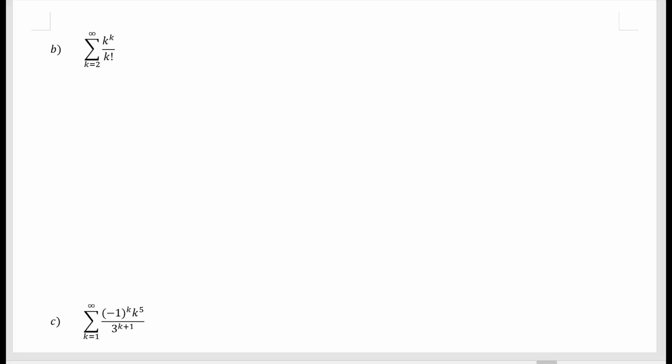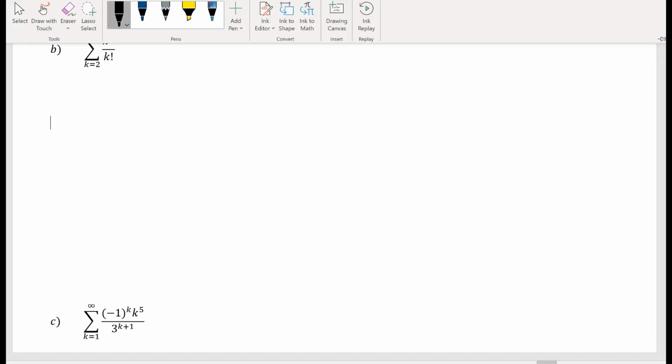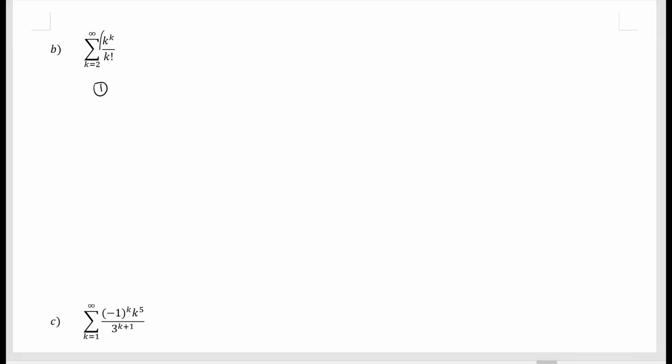Part B. So the first step is to compute, so let this be a sub k. So we compute the limits of a sub k. All right, and then you can see, remember the growth rate.